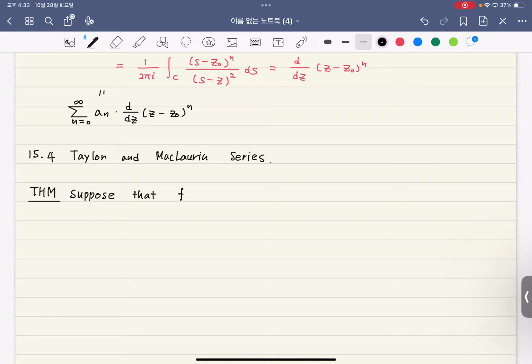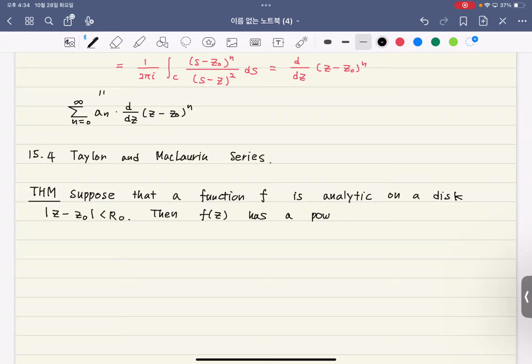Suppose that I have an analytic function, a function f is analytic on a disk. Then this function has a power series representation.